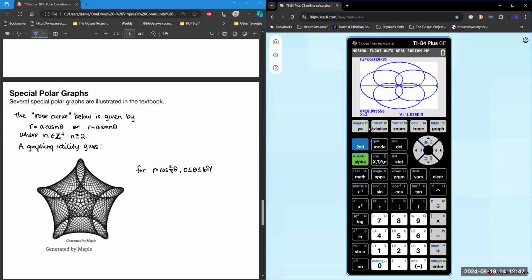So look those special ones up in your calculator. You've got some circles, you've got some ellipses, you've got some things that look like flowers here with certain amounts of petals. Those will be important.